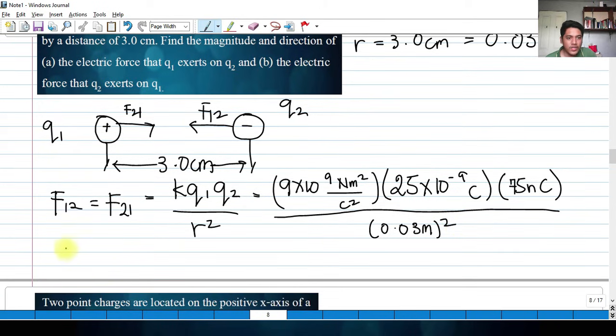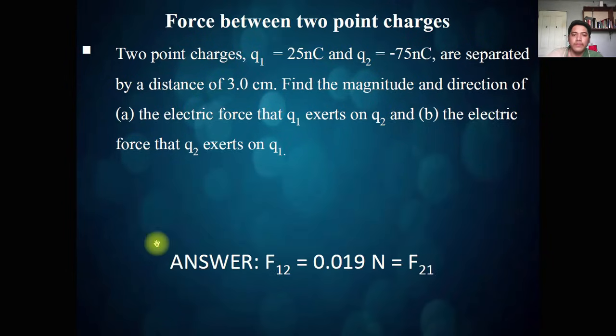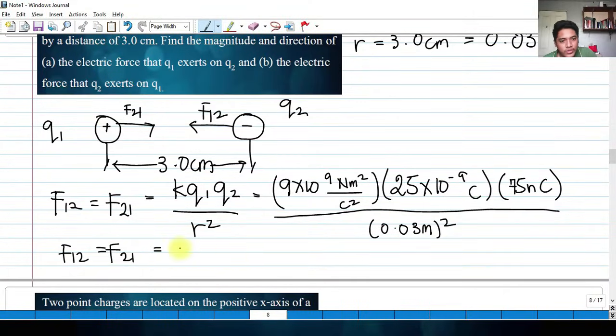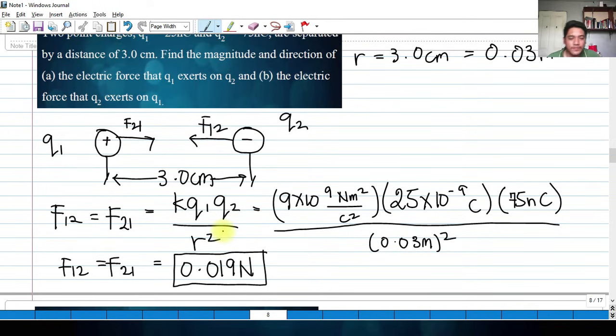So the force F12 is equal to F21, which should now be 0.019 newtons. And its direction is actually what? The direction is attractive, because we have different charges, and unlike charges attract.